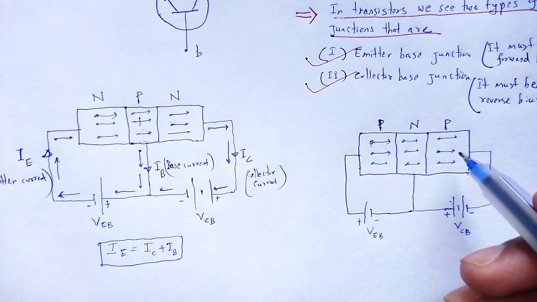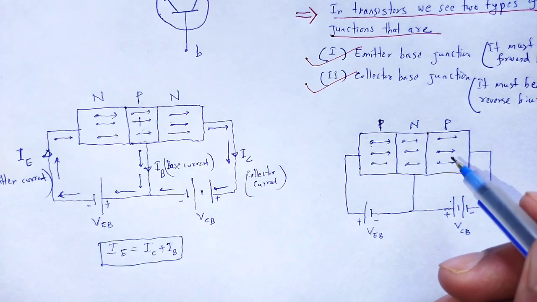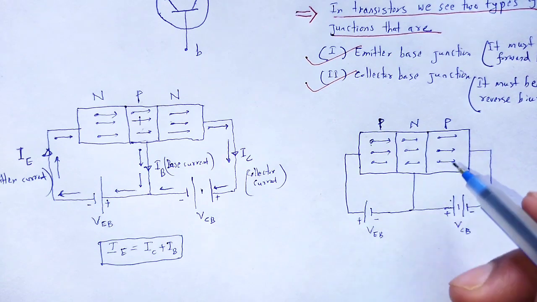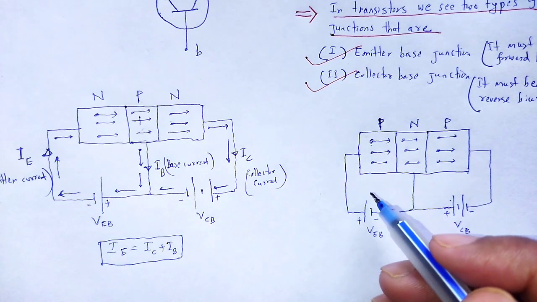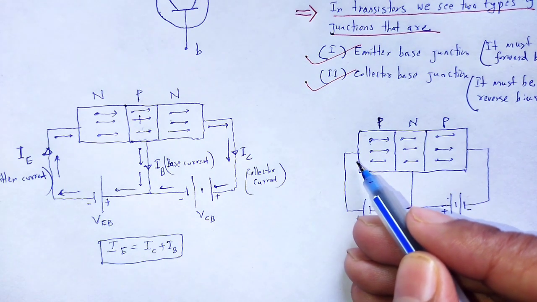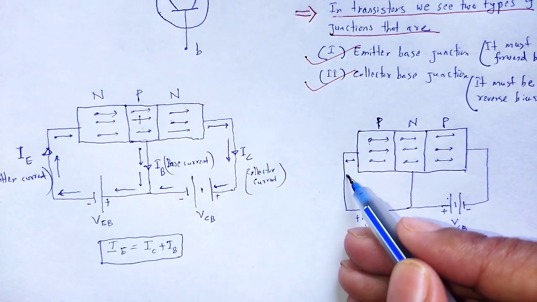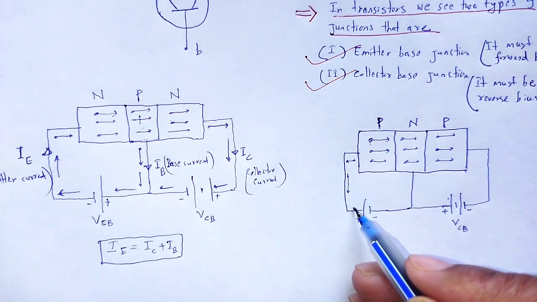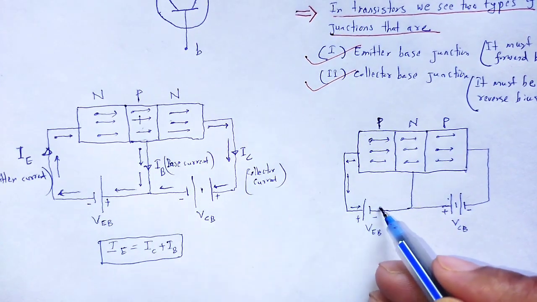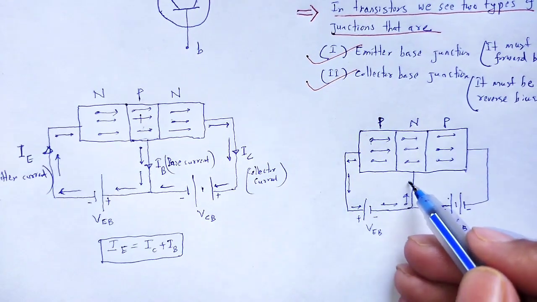Due to these majority charge carriers, current flows across the PNP transistor. And the direction shown is the direction of flow of electrons.